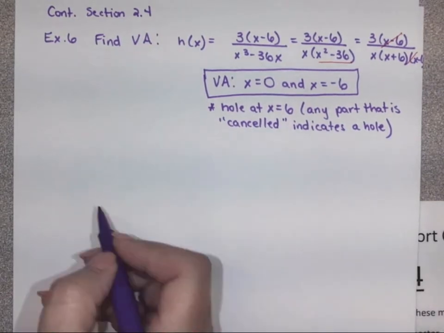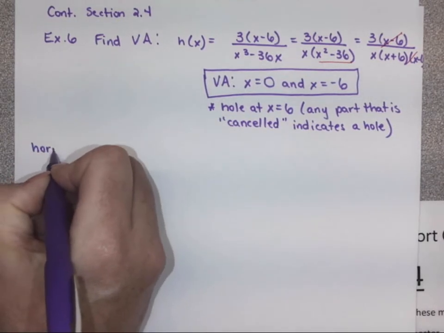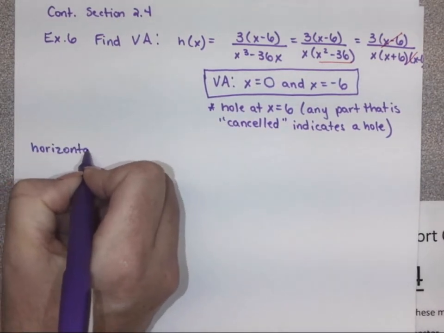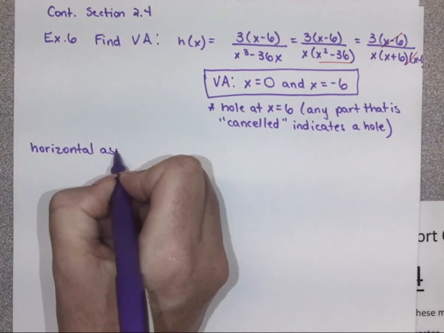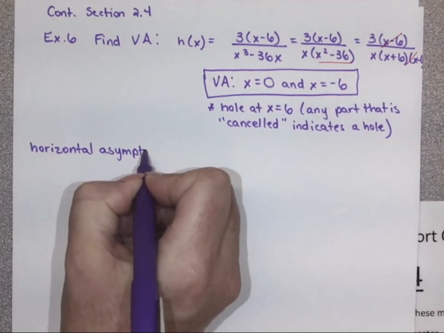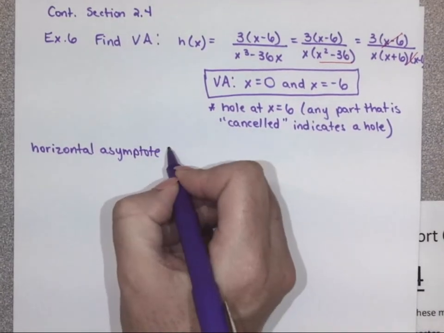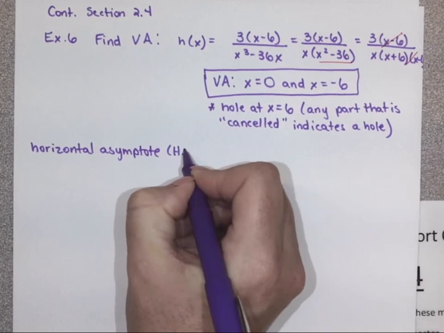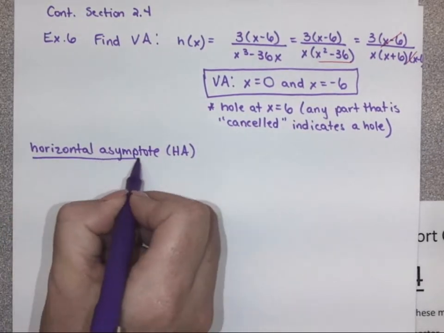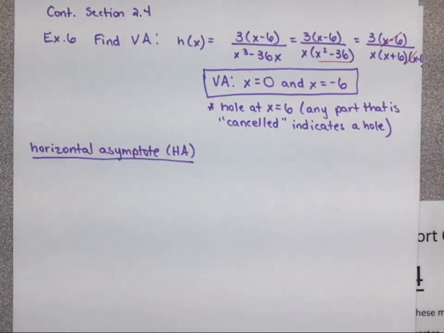Okay, so we talked about vertical asymptotes last time, and just reviewed one example, but you can also have a horizontal asymptote. I'm going to abbreviate that HA, just like I abbreviated vertical asymptotes VA. Horizontal asymptotes are a bit different than vertical asymptotes, not just in the fact that we're talking about a horizontal line.